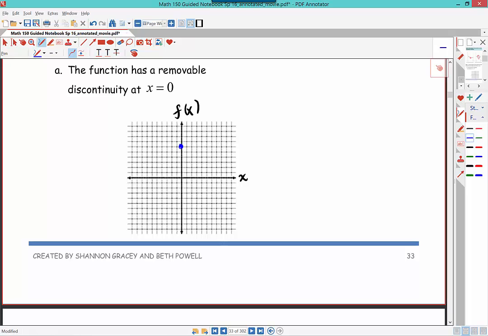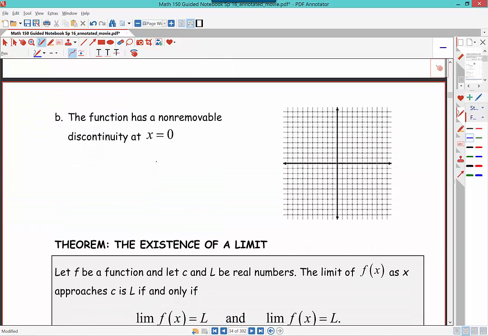So it has an output of an ordered pair here, an open circle right at x is 0. Do you see that that one would be considered removable? Because we just have to deal with these two ordered pairs going on right here. Good so far? Awesome. Now down here, we want something which is non-removable.